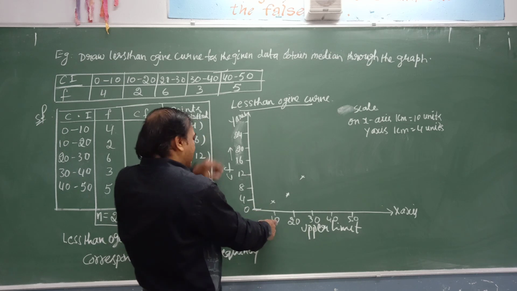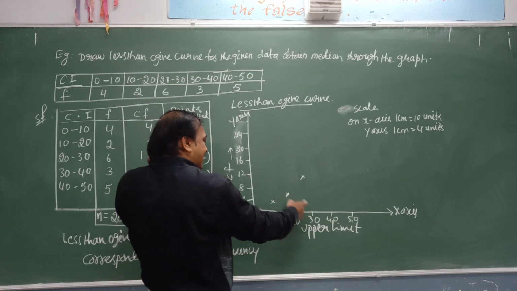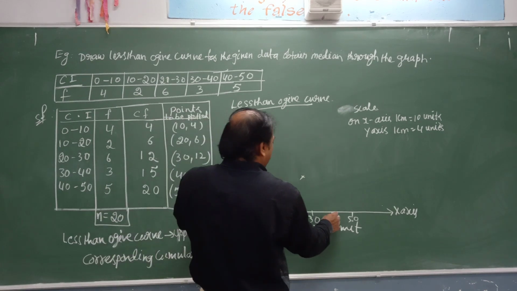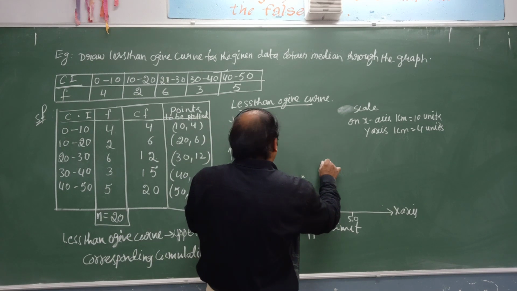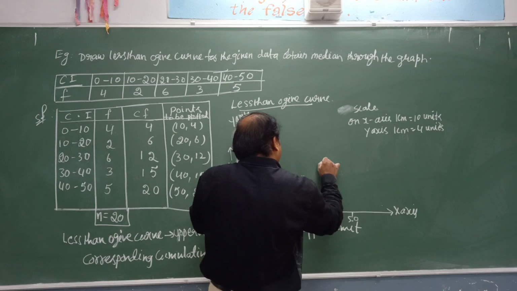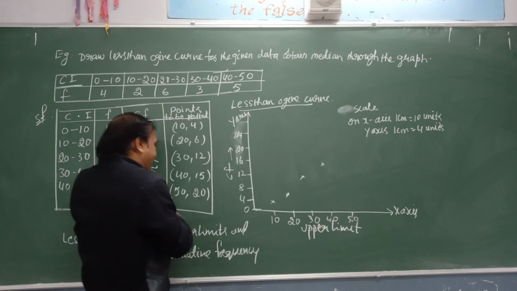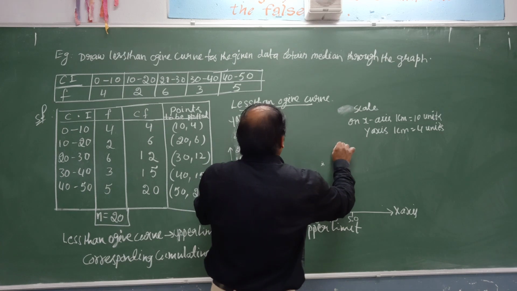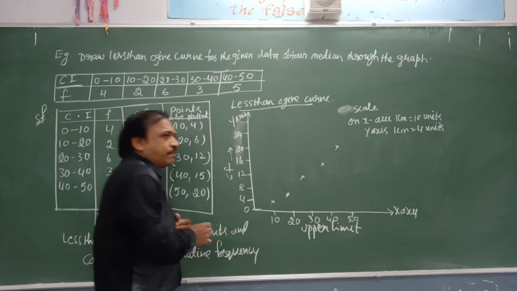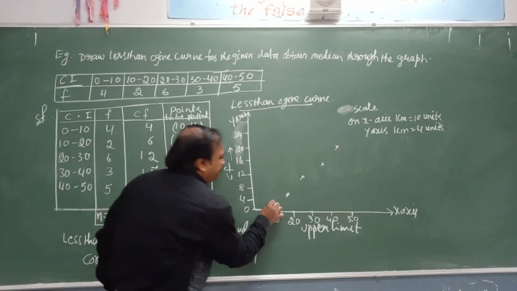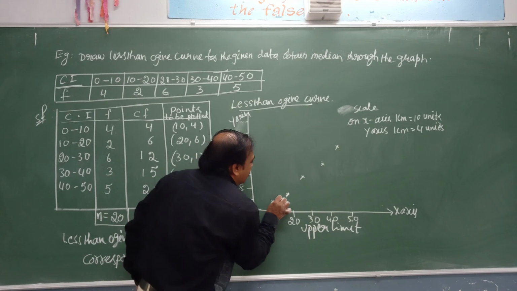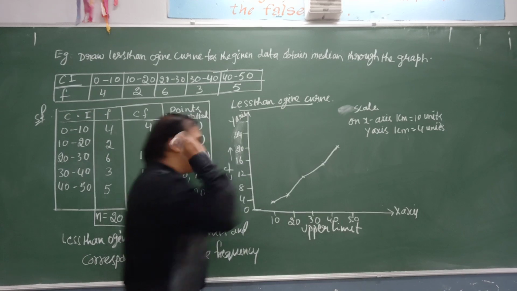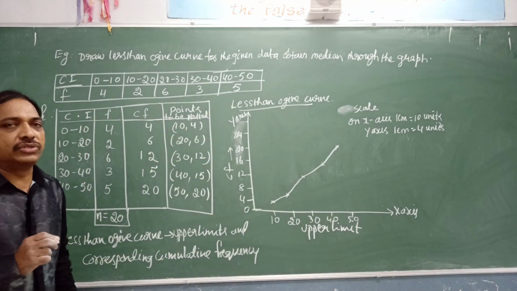So 10, 4; 20, 6; 30, 12; 40, 15. 40, 15 means just below 16 you take. Next 50, 20. So join these points, from here to here. This is the less than ogive curve.